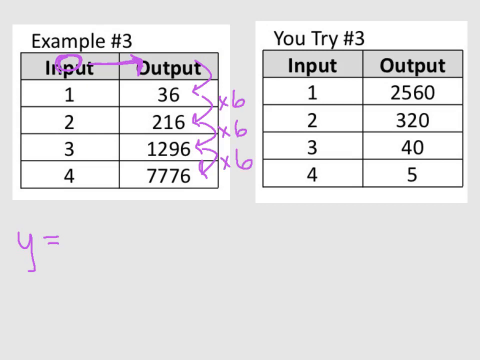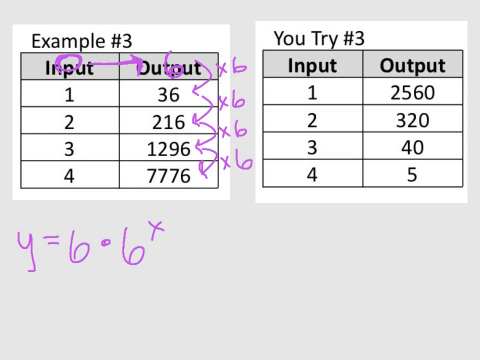So I just need to figure out what needs to go at the top of my table to keep this pattern consistent. Well, if I put a 6 here, 6 times 6 is going to make this 36. So I know that my y-intercept is going to be 6, and my common ratio is 6. So my answer is y equals 6 times 6 to the power x.